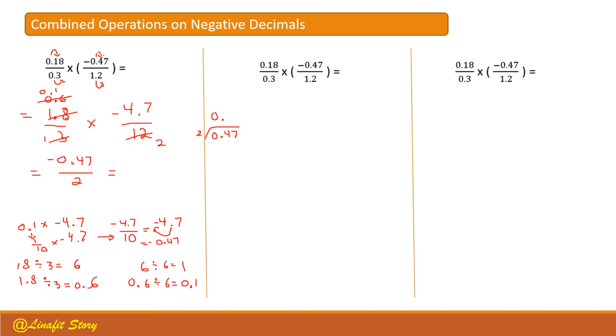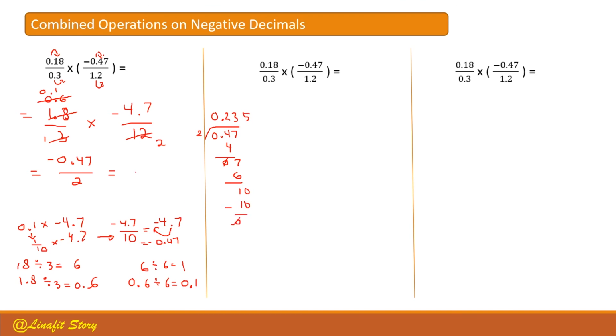Then 4 divided by 2 is 2. 2 times 2 is 4. Then drop the digit 7. 7 divided by 2, this is 3. 2 times 3 is 6. 7 minus 6 is 1. 1 divided by 2 cannot write. Put the 0 here. So 10 divided by 2 is 5.